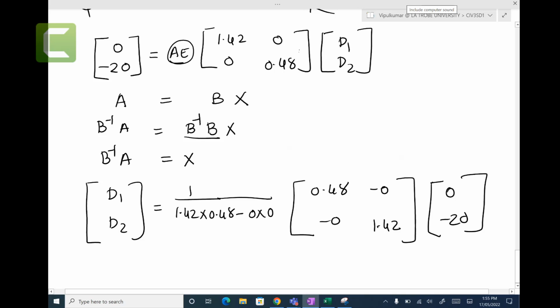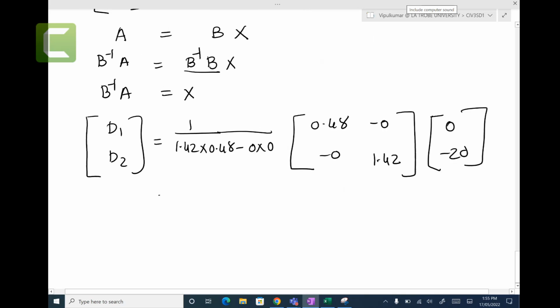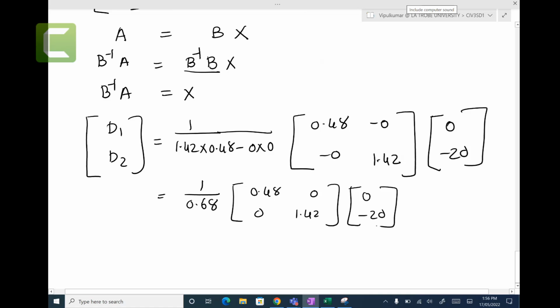All right. So now, if I have this one, then 1.42 times 0.48, you get 0.68. Here you have matrix 0.48, 0, 0, 1.42, times 0, minus 20.